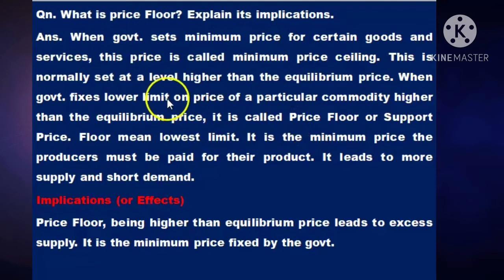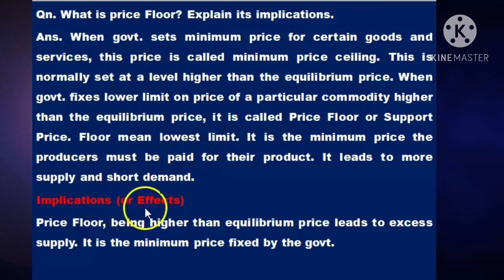So when the government fixes a lower limit on the price of a particular commodity higher than the equilibrium price, it is known as the price floor or support price, support price for the producers. It is the lowest limit.